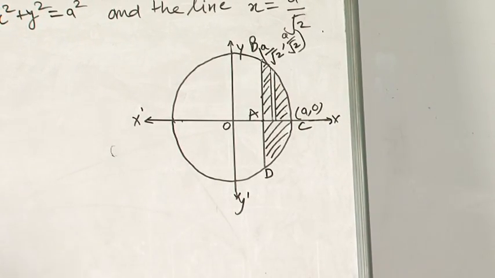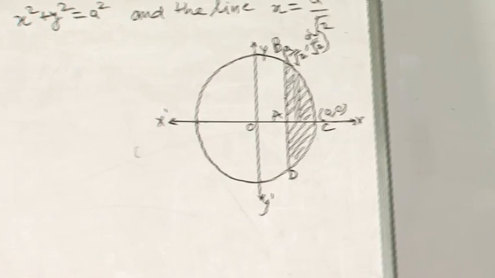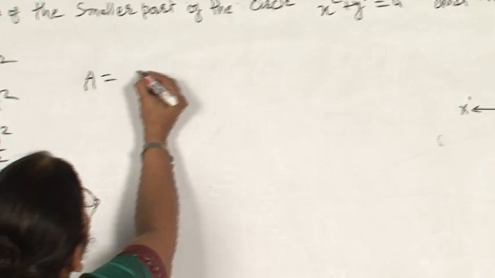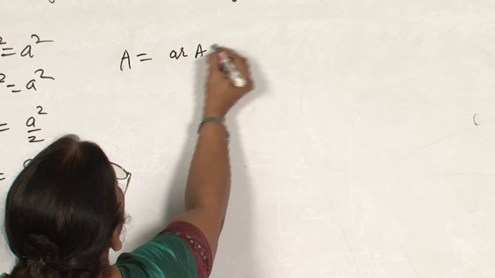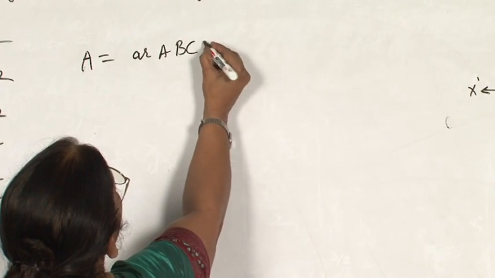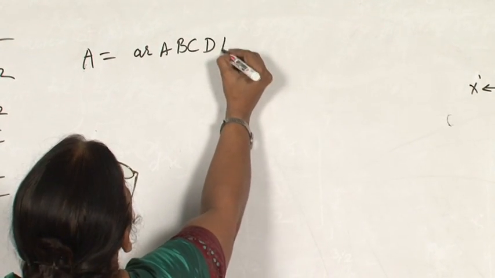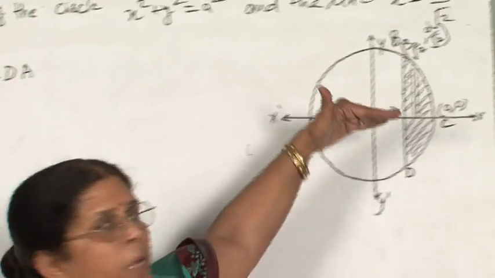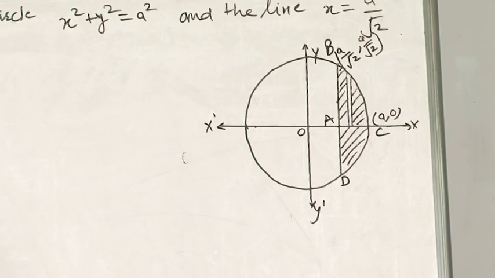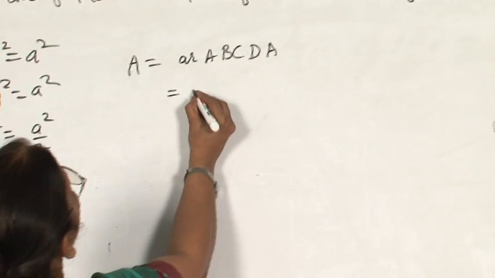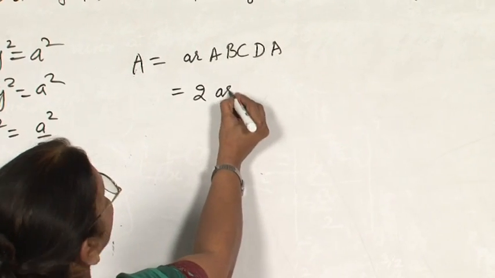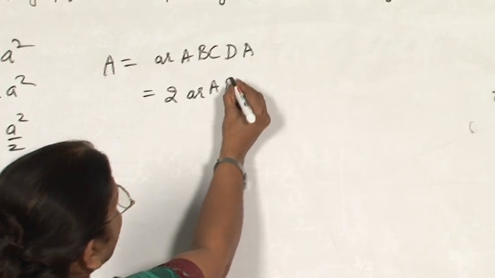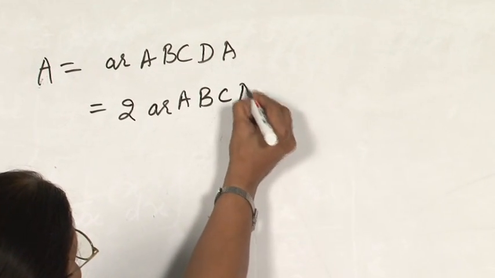Now, this area is area of ABCDA, but this area is symmetric about x-axis. So, it can be written as 2 times the area of ABCA.